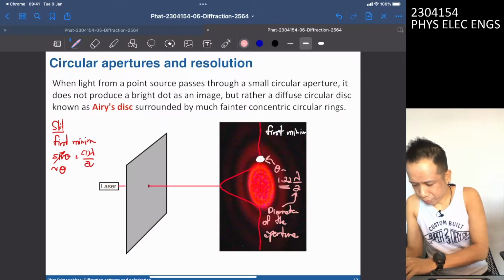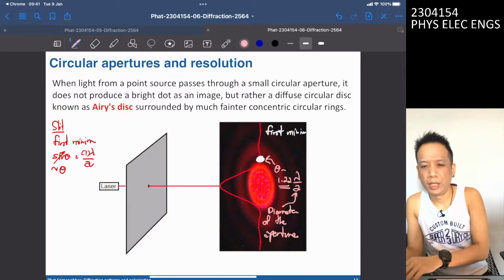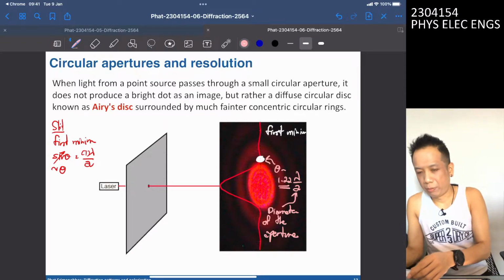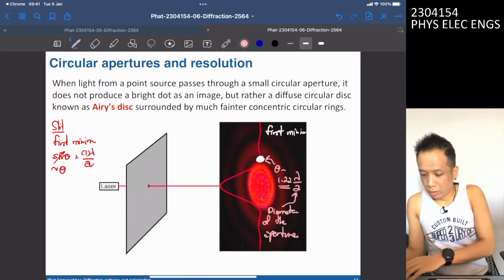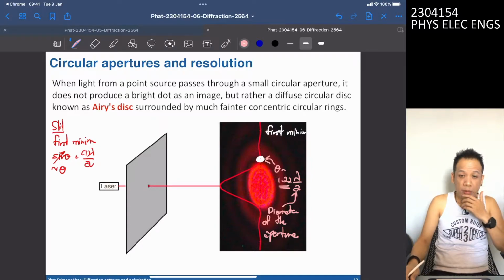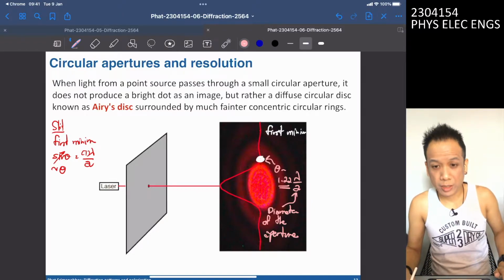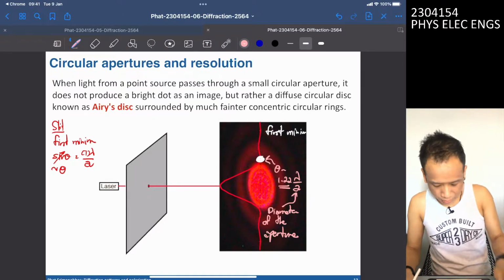This kind of proof circulates around. You can just search for circular aperture 1.22 proof or something like that on Google, and you should be able to find it. So this is a circular aperture. It's nothing special compared to single slit diffraction, just that you have this factor pop up.